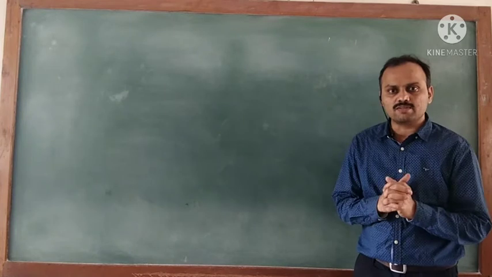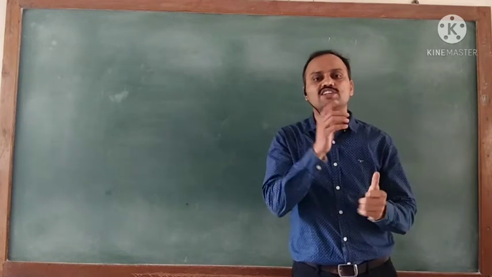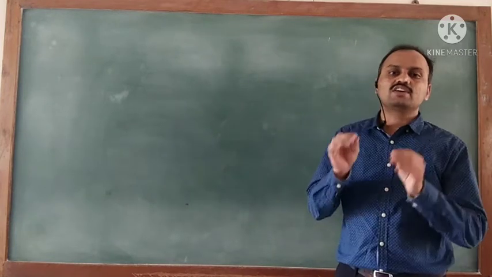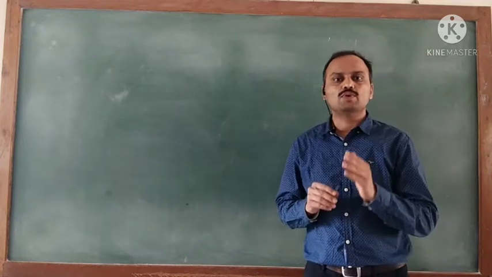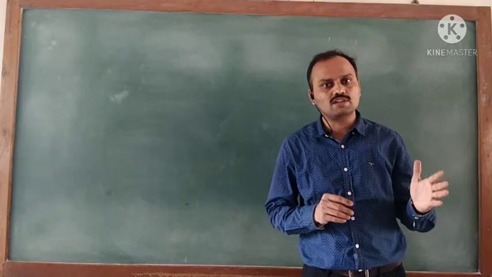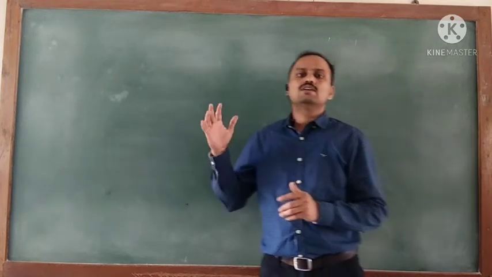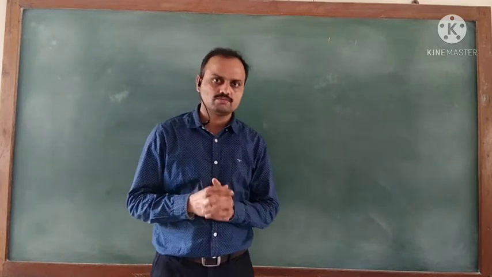In galvanic cell, chemical energy is used, spontaneous redox reaction takes place and electrical energy is produced. Galvanic cell is made up of two half cells. One is oxidation half cell, which is called anode. Another is reduction half cell, which is called cathode.